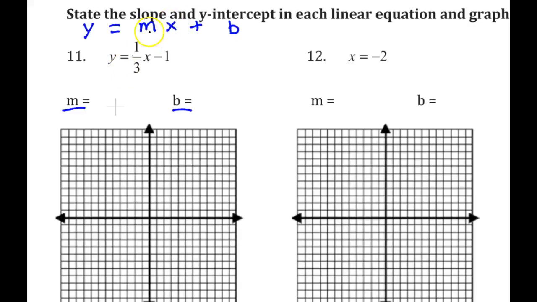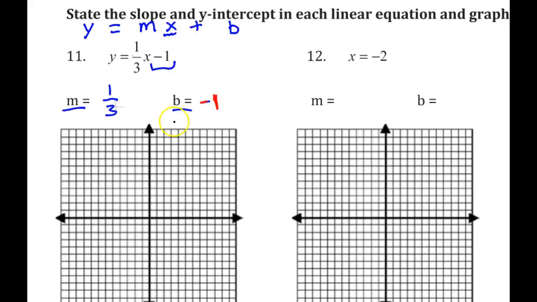So whatever number is in front of the x, that's the slope, and the number by itself, that's the y-intercept. So for this one, we'll have a slope of 1/3 because it's in front of the x, and the -1 will be the y-intercept.